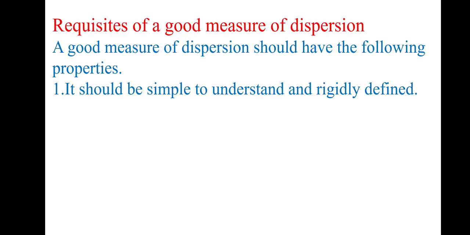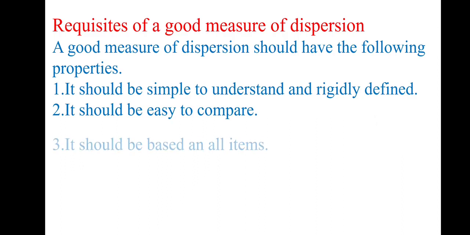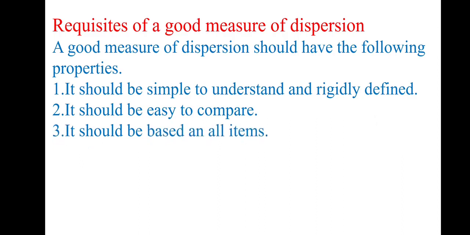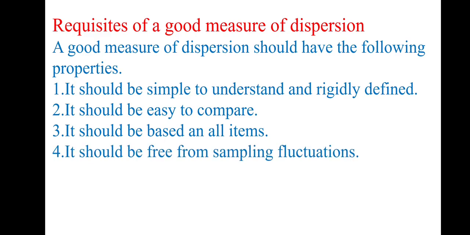It should be easy to calculate and compare. We can compare one data set to another very easily. It should be based on all items. It should be free from sampling distribution.